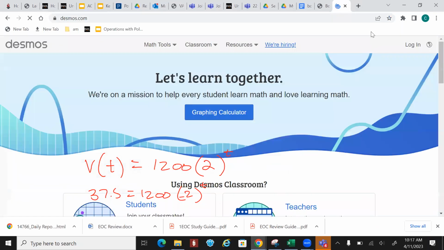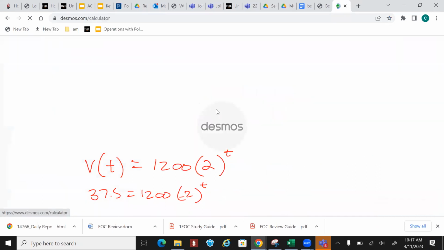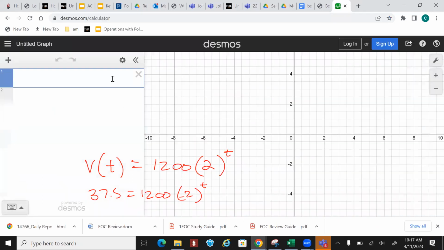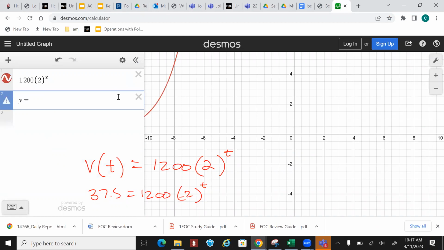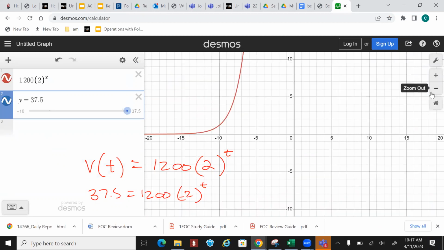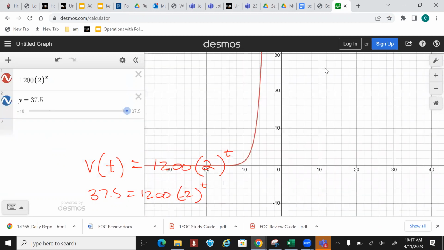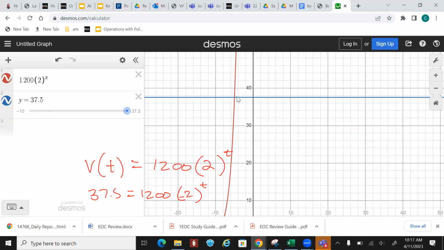Okay, so when we go into Desmos, what we're gonna do is we're gonna plug in that right-hand side, and then I'm gonna set a line equal to 37.5. When we look at this, we're gonna look at where they intersect.